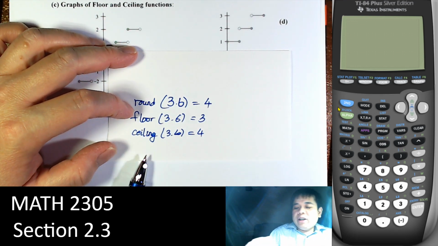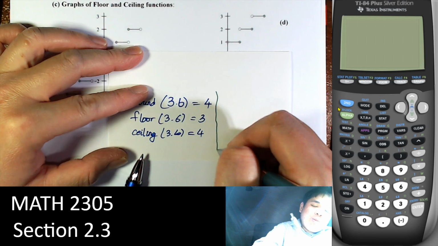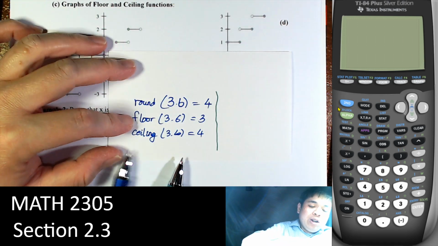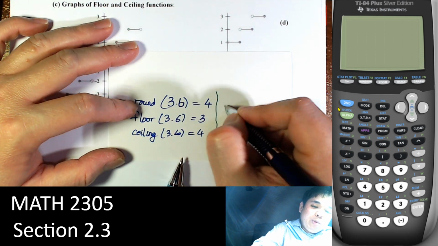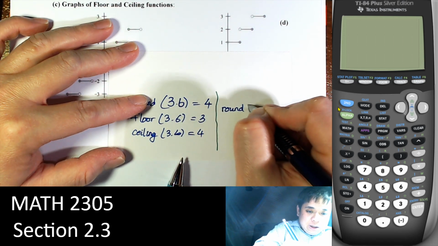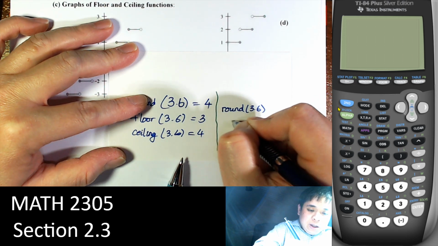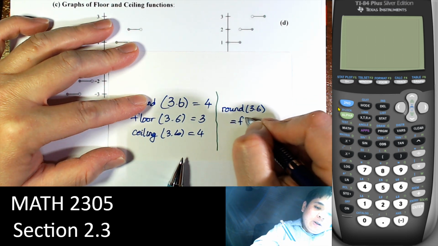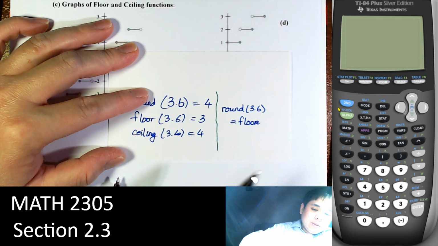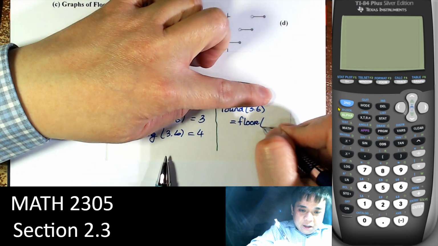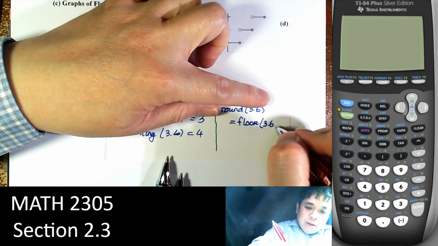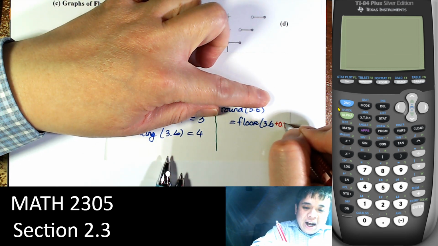So here's the trick. I remember when I took computer science, they said instead of round, we can just say that the round of 3.6, instead of rounding 3.6 to 4, is equal to the floor of 3.6 plus 0.5. You add a half to it.